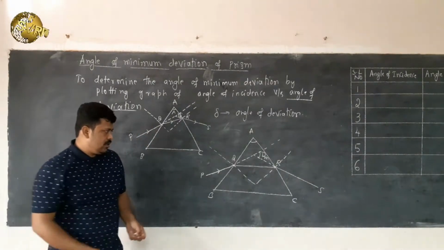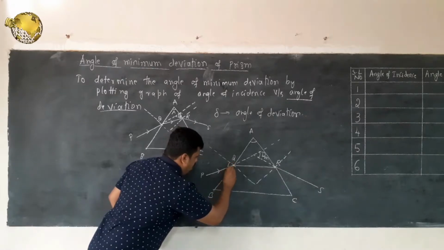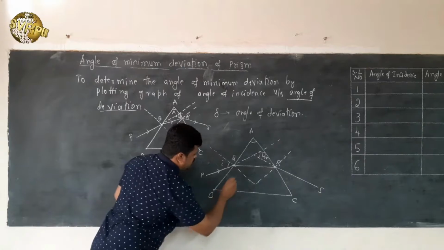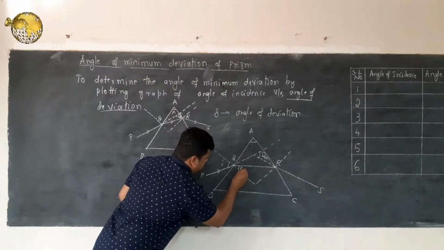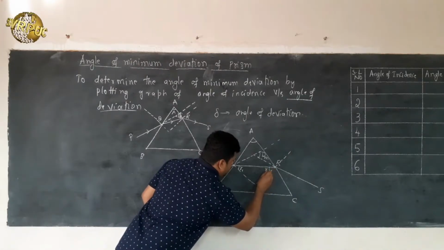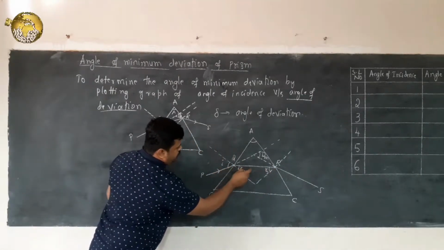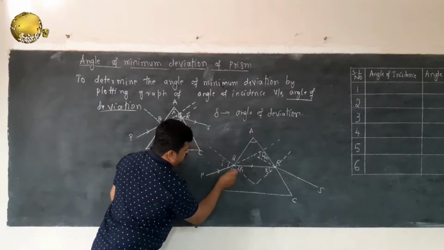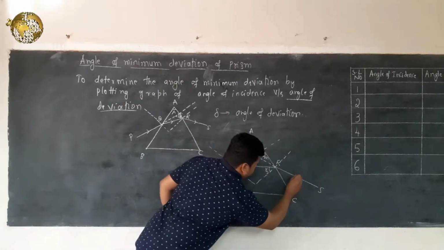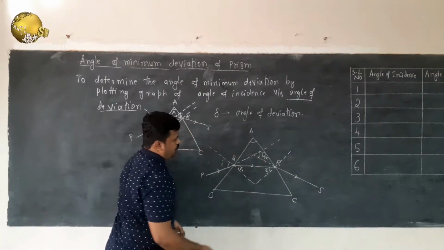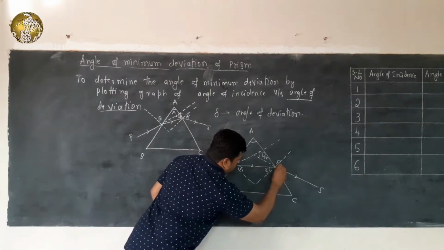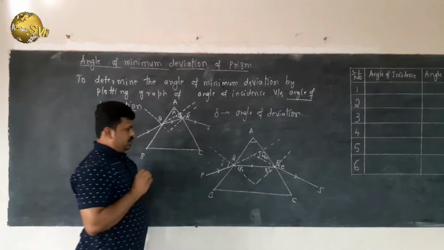In this case, the angle between the incident light and the normal is the angle of incidence. Refraction at the first surface I call R1, and refraction at the second surface I call R2, that is, the angle between the refracted light and the normal is the angle of refraction. For the light emerging out of the prism, the angle between the normal and the emergent light I call the angle of emergence.